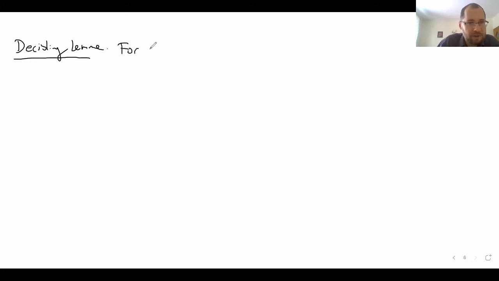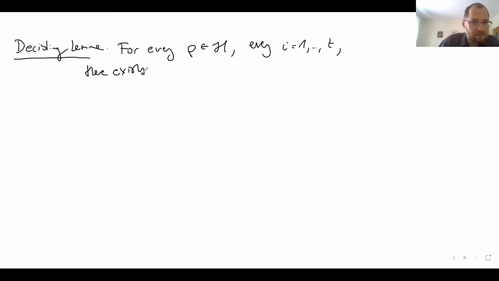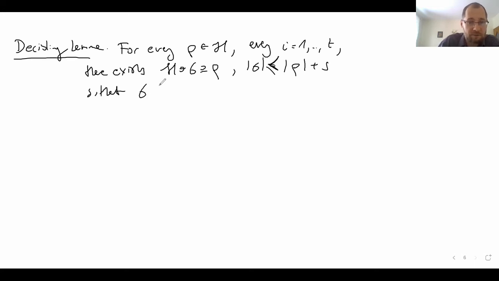For every rho in H and every i from 1 to T, so that's a number of our configuration, there exists an assignment in the family extending rho by at most s bits, which decides this configuration.